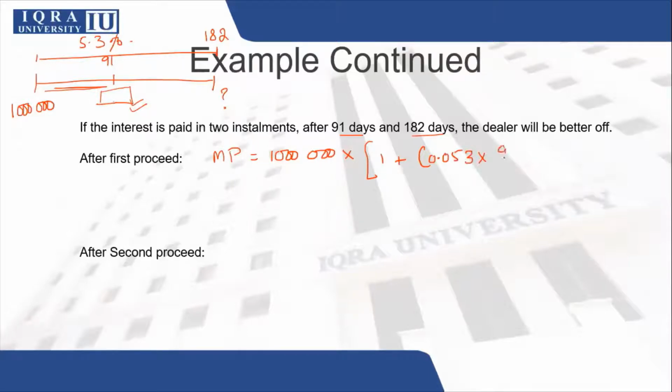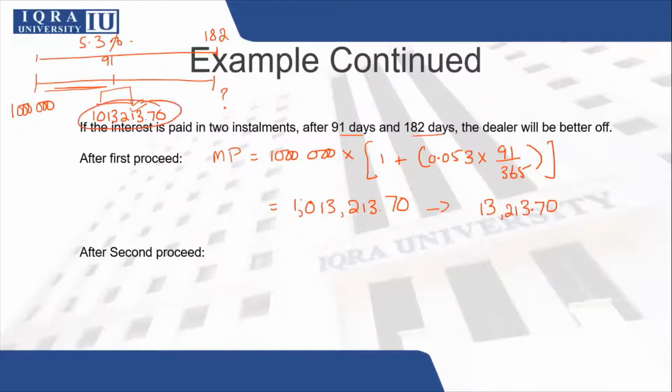Now you want it for 91 days. So after 91 days, you will have 1013213.70. This is the amount you will have. So you have earned an interest of 13213.70.